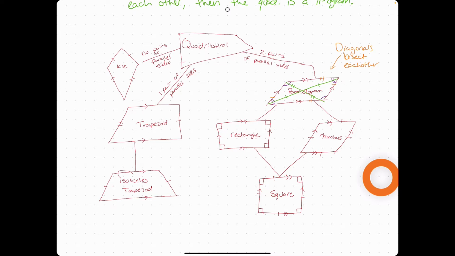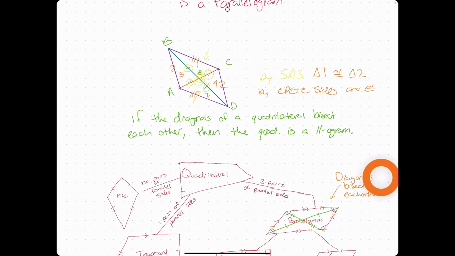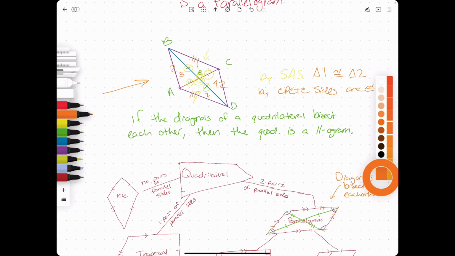Okay, so we have that diagonals bisect each other already, right? Okay, that's one of the theorems, and we kind of talked already about proving that their opposite sides are congruent, so you could also say that to show that it's a parallelogram. Within this proof, I'm not actually doing it as a proof, I'm talking through it, right? Let me switch colors again on you. Dark red. So by CPCTC, this angle here at the bottom right is an alternate interior angle with that one.